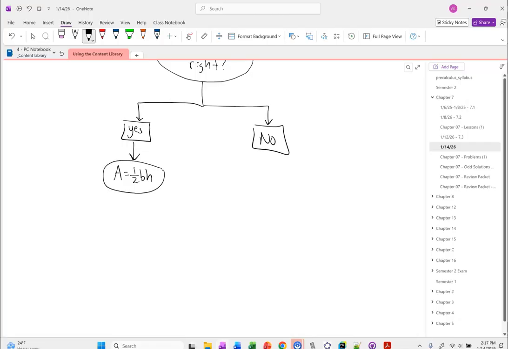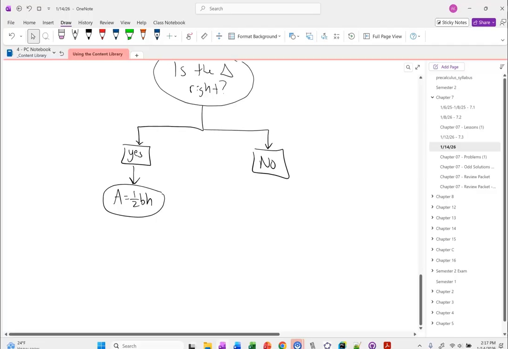So if you have a right triangle, and all we have are side lengths or angle measures, the two legs of our right triangle are the base and the height. Just do 1/2 base times height, no big deal.